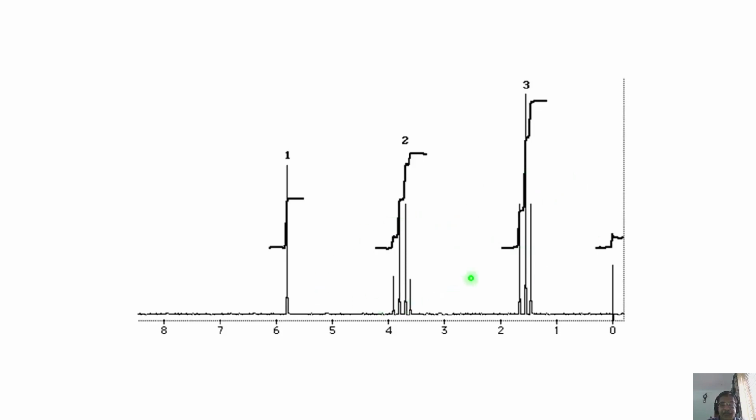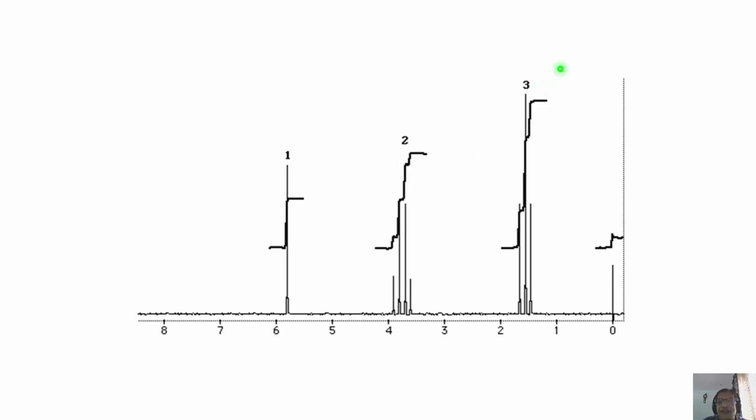Similarly, when there is a quartet of intensity 1:3:3:1, this proton must be attached to a CH3, which splits this proton into a quartet. You understand? This is split into a triplet because of CH2. This is split into a quartet because of CH3. This is a proton which is not split by any other protons, and it gives rise to a singlet.